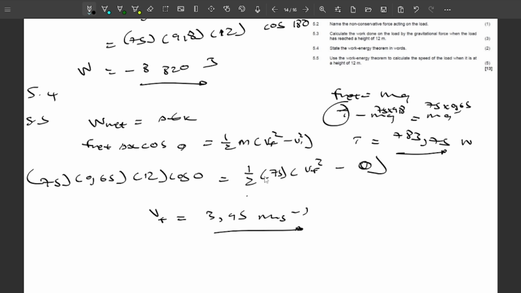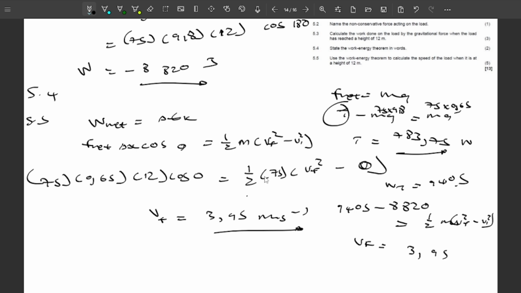And from there on you find the work done by the tension. It's supposed to be 7405, right? You just multiply this by the distance of 12, and after you find this, you're going to subtract this from this one. So it's going to be 9405 minus 8820, which is equal to 1 over 2 m (v final squared minus v initial squared), and your Vf is going to be the same as 3.95. Same answer, just the long method, right?